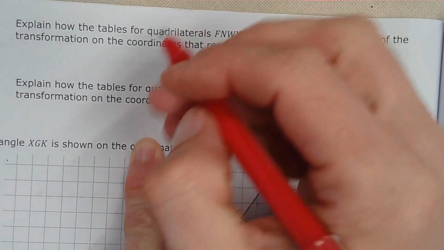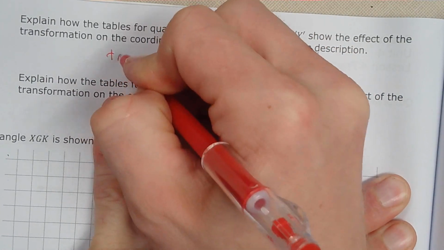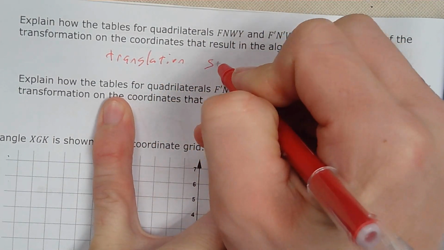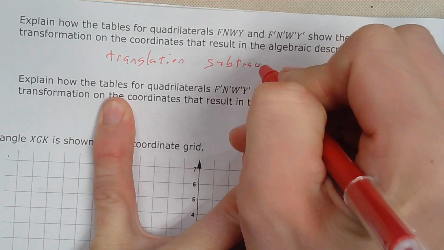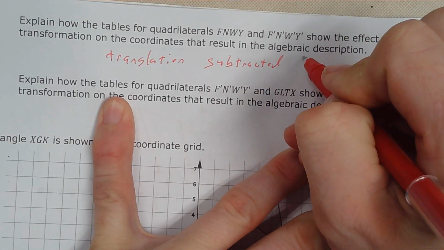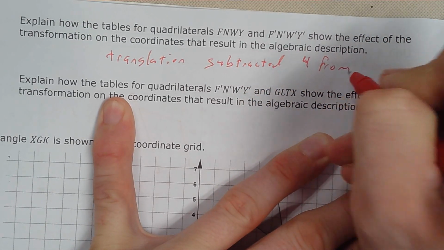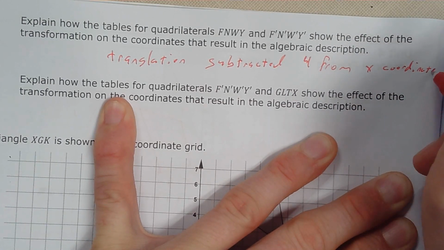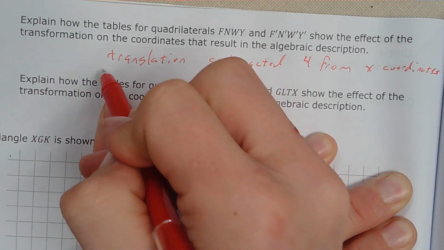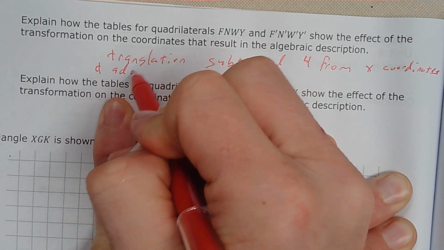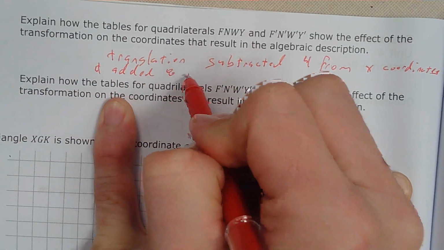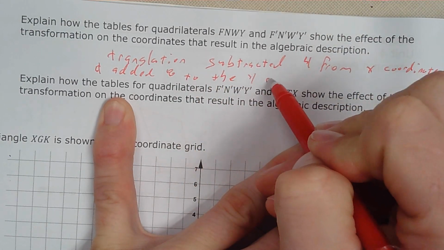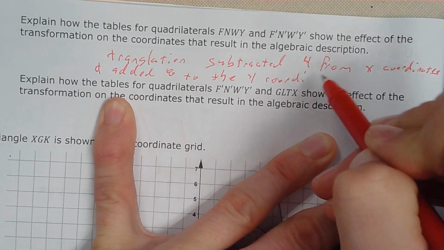So all this is saying is the translation subtracted 4 from the X coordinates and added 8 to the Y coordinates.